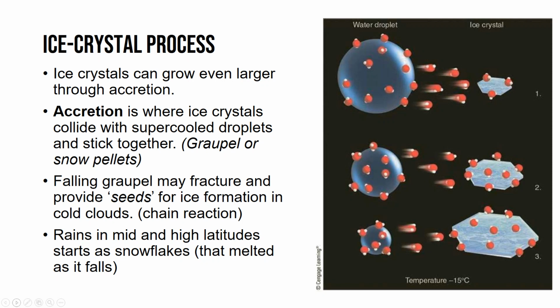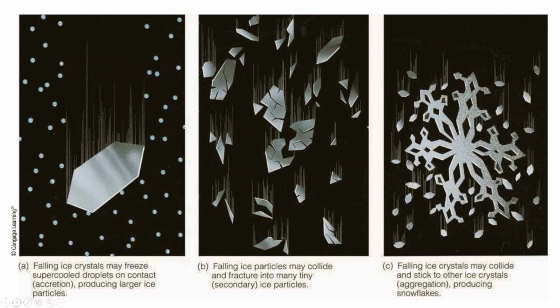Rain in mid and high latitudes starts as snowflakes or ice particles, and they just melt as they fall. Again, this is an illustration of that. In the first picture, diagram A, falling ice crystals may freeze supercooled droplets on contact.